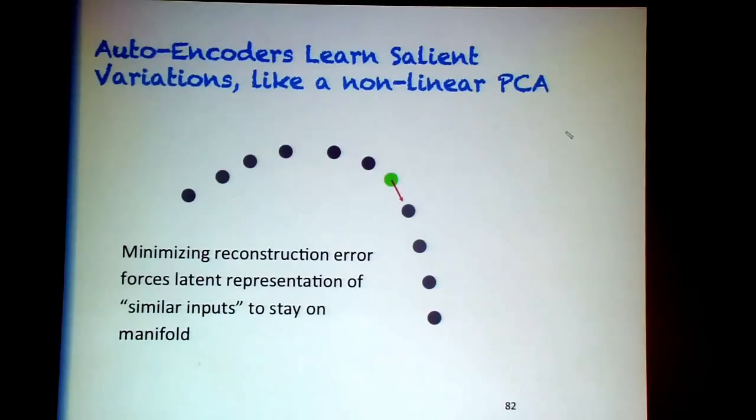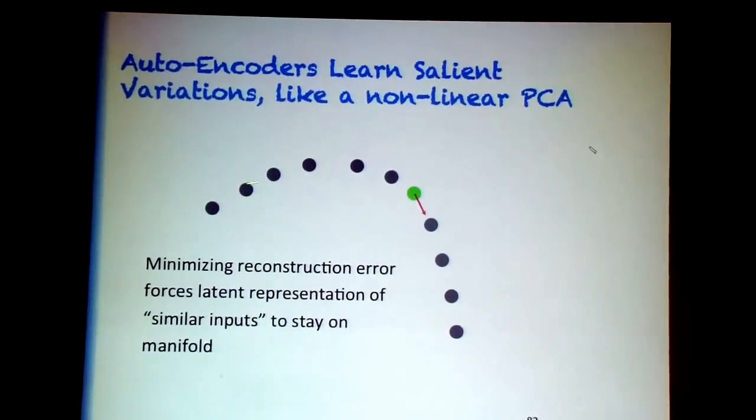So the variations around that point in the direction of the manifold we need to preserve in the representation space. On the other hand, variations in directions orthogonal to the manifold we can throw away, and because the training is regularized, as I said, if it wants to throw away all the directions it can, it's only going to keep the directions in the direction of the manifold. And because of the nonlinearity, you're going to get the possibility of actually capturing a nonlinear manifold rather than a linear one.